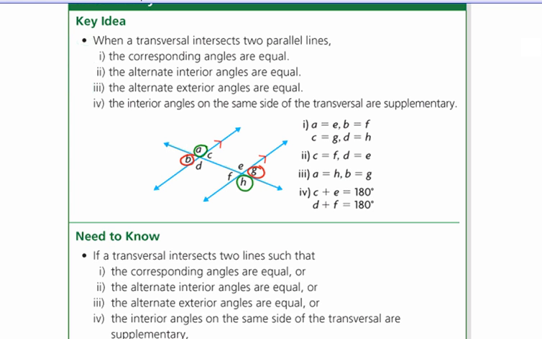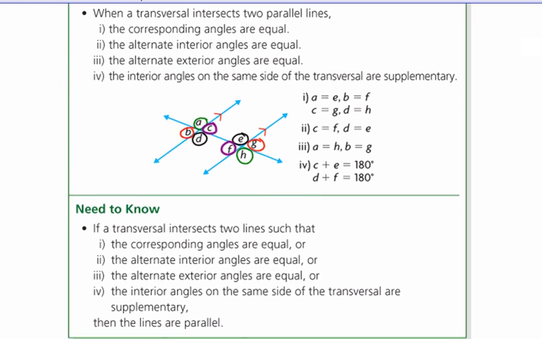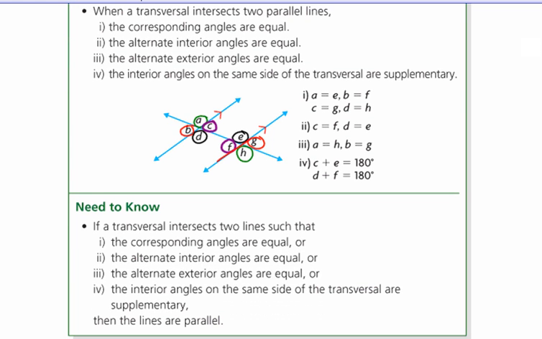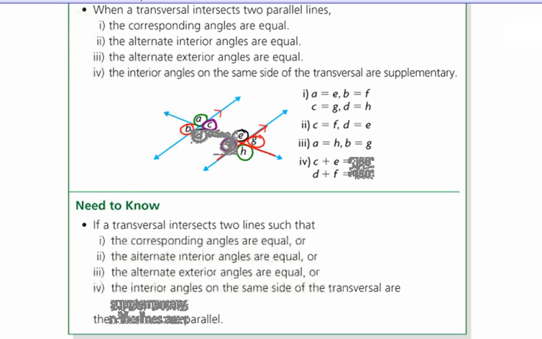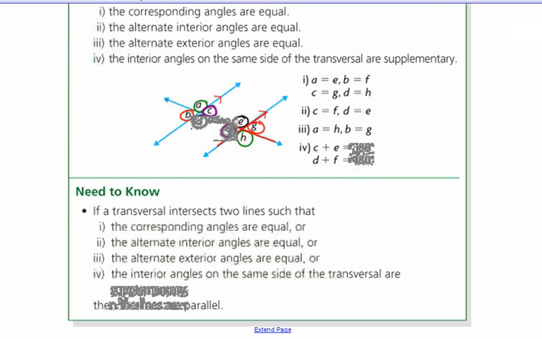Whereas the alternate interior angles are equal, D and E, and C and F, is another example of alternate interior. Those are equal. And then, of course, E and F would be supplementary. It's an example of supplementary angles because they add to 180. Or E and G are supplementary, G and H are supplementary because they all add to 180. So just some things you need to remember and need to know.